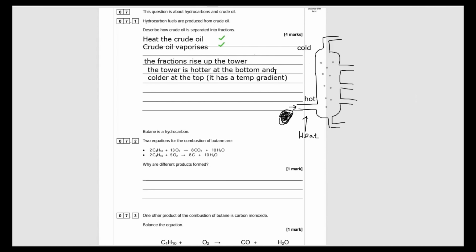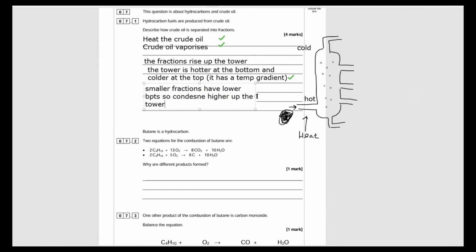So fractions rise up the tower. The tower is hotter at the bottom, colder at the top. That is often a mark for just pointing out that there's a temperature gradient. And then what that means is smaller fractions have lower boiling points. Again, I'm using an abbreviation. So condense higher up the tower.